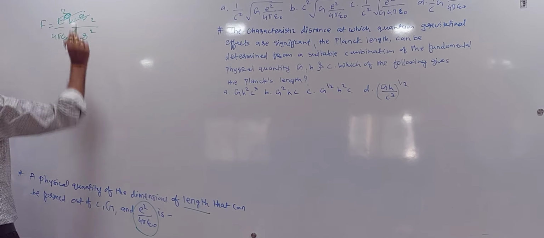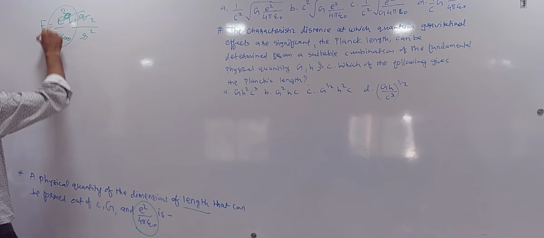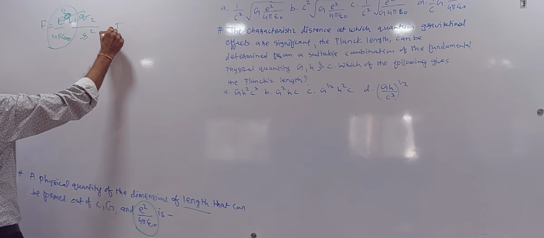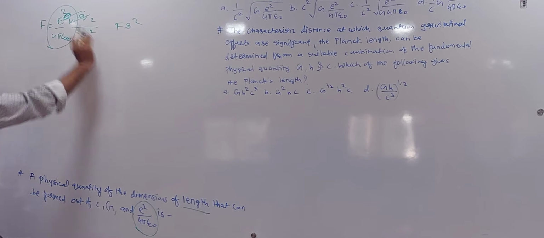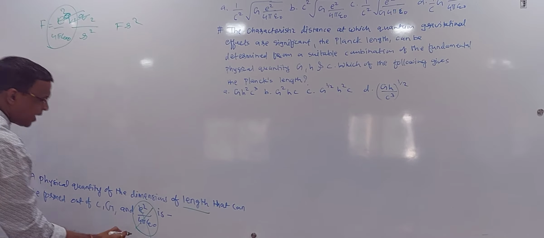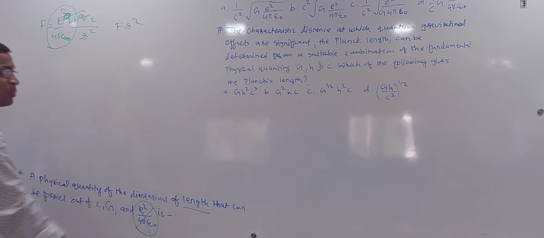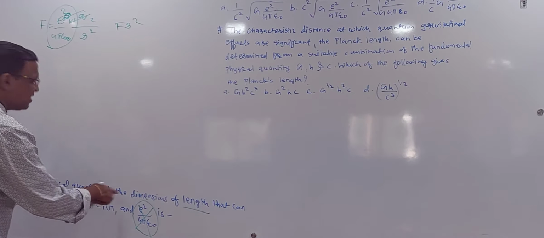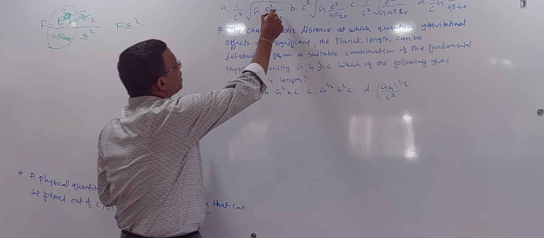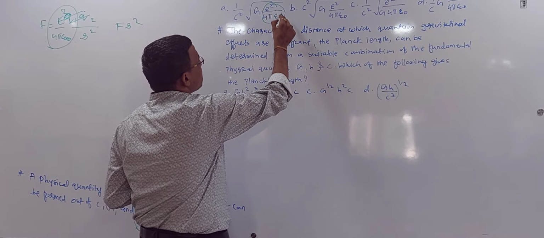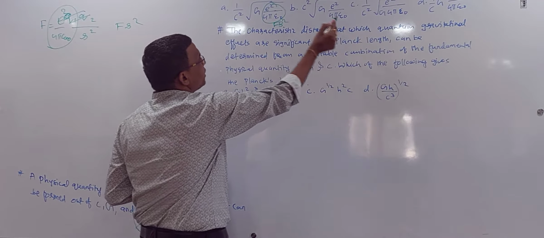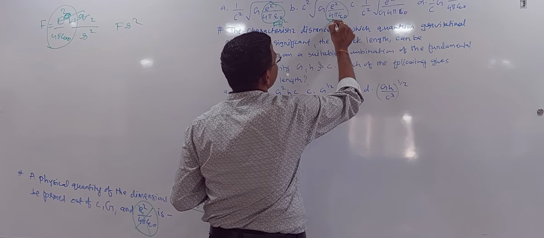This is e square only. So e square upon 4 pi epsilon 0, can I say this will be F r square only? r square moves to this side. So in spite of that, I can directly say it is F r square, and here it is G. So c, G and F r square. So everywhere I will write down F r square.